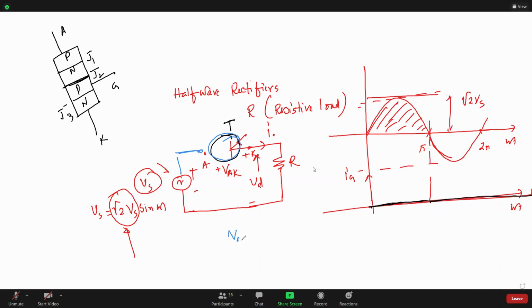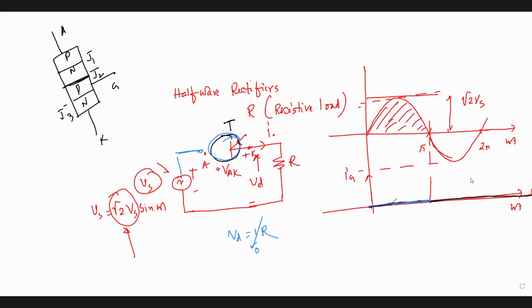Your VD equals current I multiplied by R. If the current is 0, then what should be your VD? It should be 0. So we should not get any voltage, right, even though it is forward biased. Am I correct or not? Yes, sir.